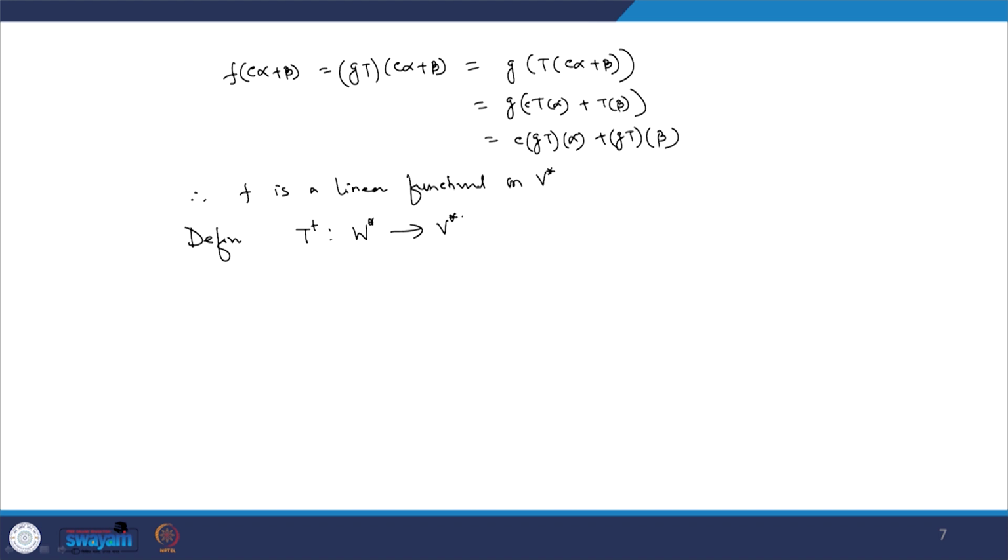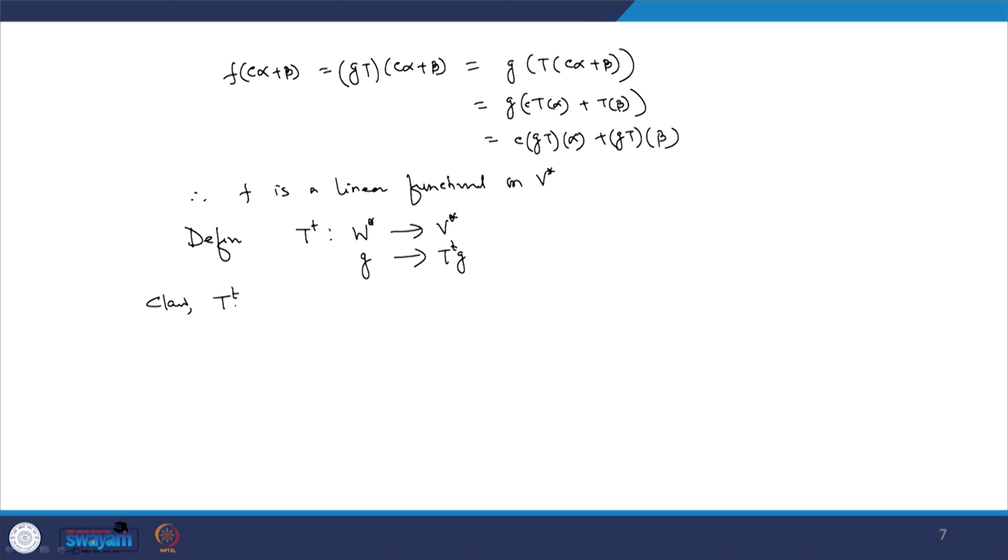See, from the linear transformation T, I am able to introduce a linear functional f, as I have done here, and that linear functional f is defined on V. So, I can define another function T t which maps each G belonging to W star to T t G, and that T t G is equal to G T.